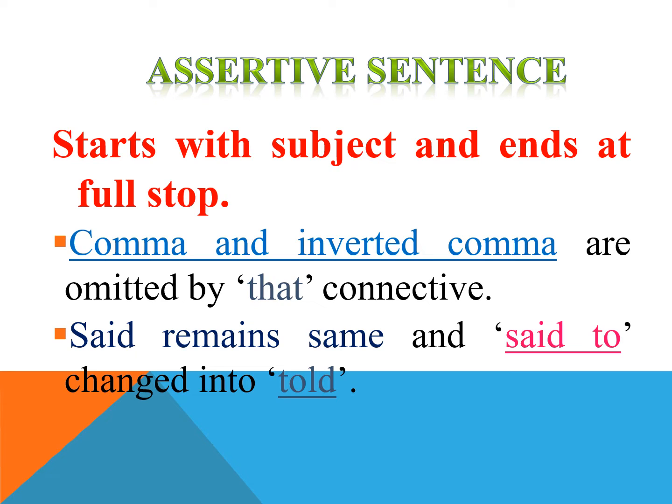We can easily identify the assertive sentence. It starts with a subject and ends at a full stop. The comma and inverted commas are omitted and replaced by the connective "that". Both comma and inverted commas are removed, and then "that" is used as a conjunction in the assertive sentence when we change direct into indirect.